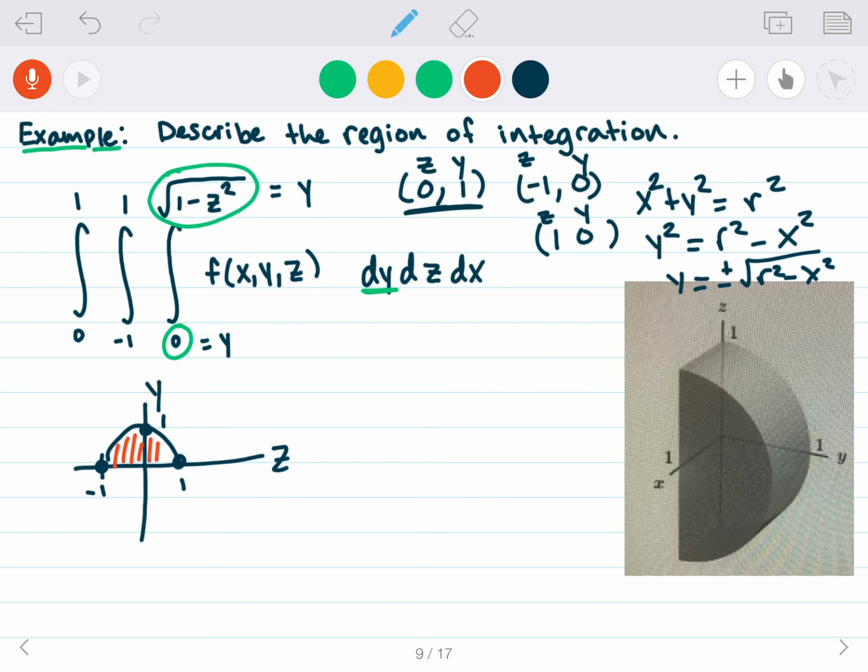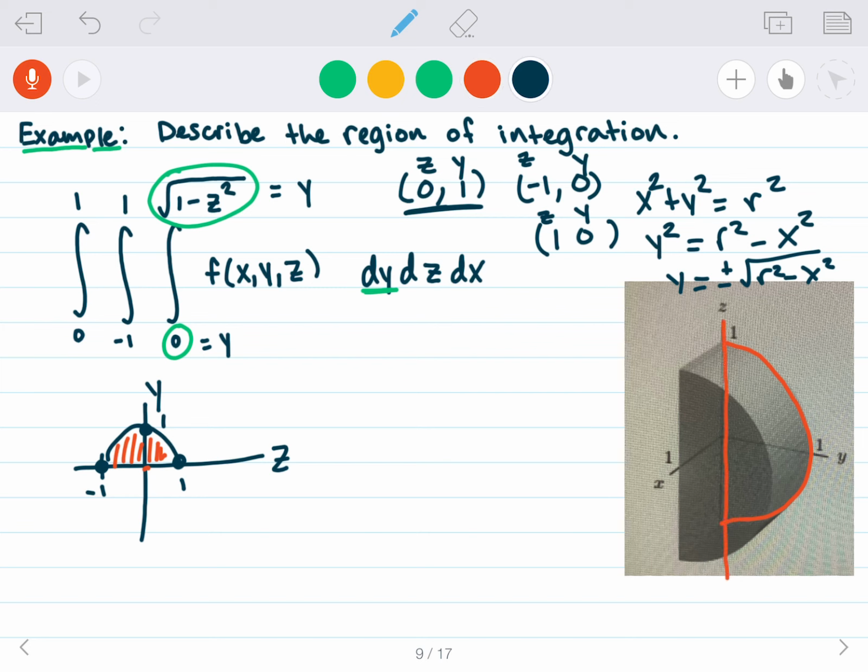If this were a multiple choice question and you were to pick the right answer, what we're going to see is that z is varying between negative 1 and 1, and y is varying between 0 and 1. You have to kind of tilt your head a little bit and think of this as the axis that I drew here.